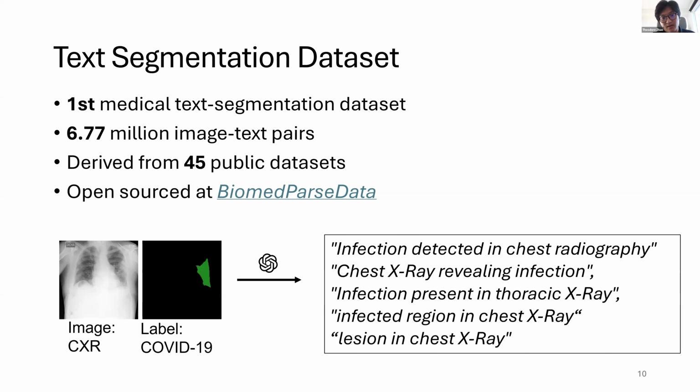Let's imagine you train this model with just one text, say the COVID-19 in CXR task. Then your model will only be able to know this type of text. So effectively, even though the text embedding dimension is, let's say, 512, the effective dimension, the dimension of the effective manifold, is much, much smaller than that.